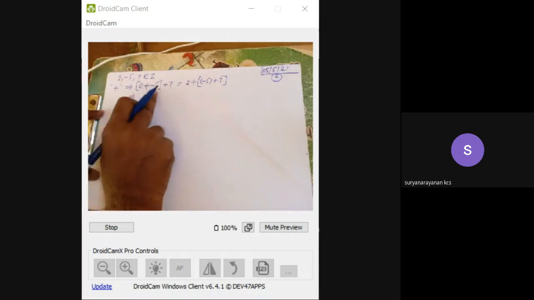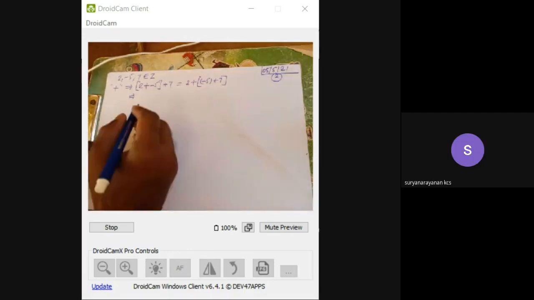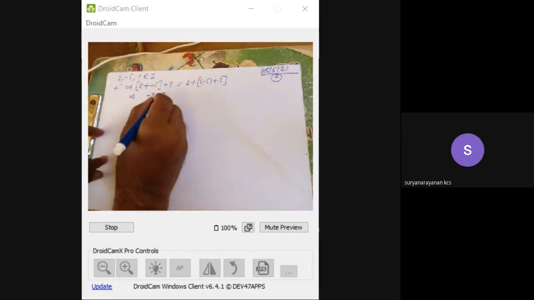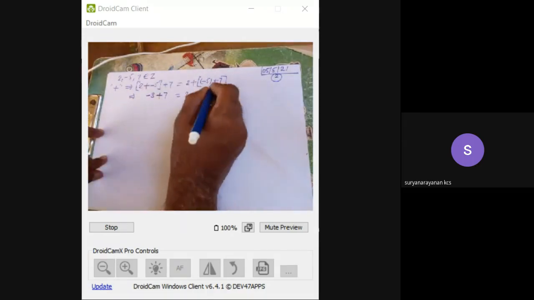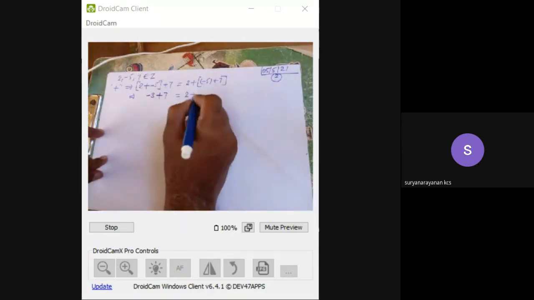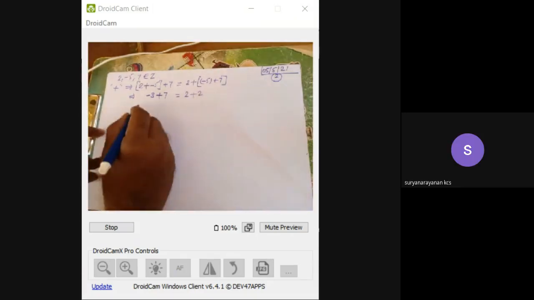Can you tell me the resultant number by simplifying these two numbers? What will you get here? Minus 3, sir. Very good. Minus 3 plus 7. Here, what will you get in these brackets? 2, sir. Yes, very good. And again, simplify LHS.